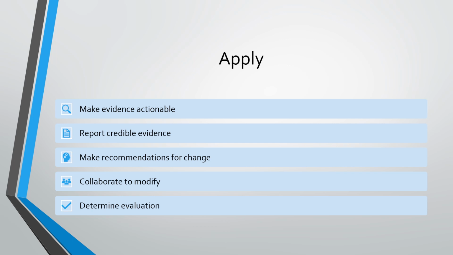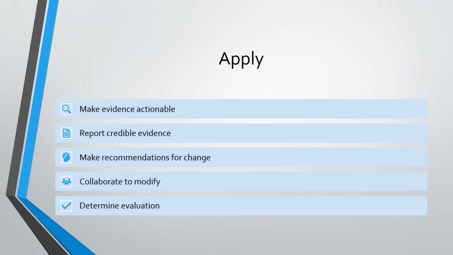When we do the application, we're going to want to take any of the credible evidence that we've had from the appraise step and report it to community partners. This provides the support for us using an intervention.